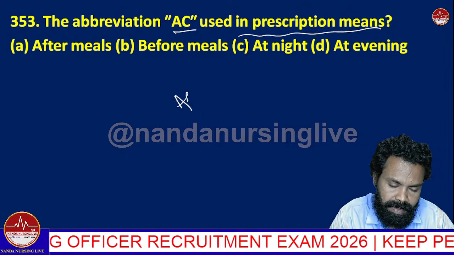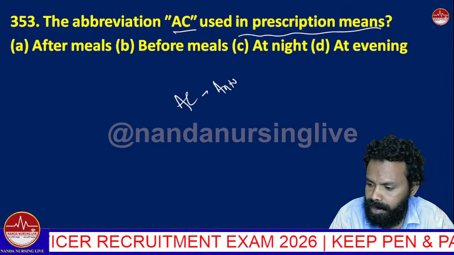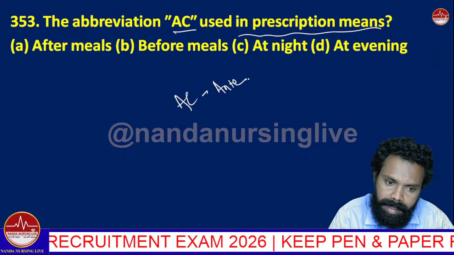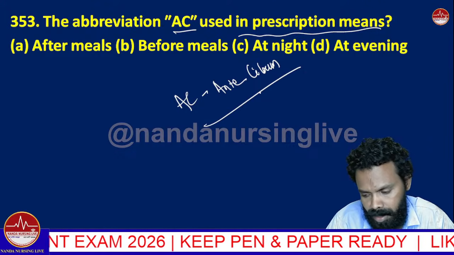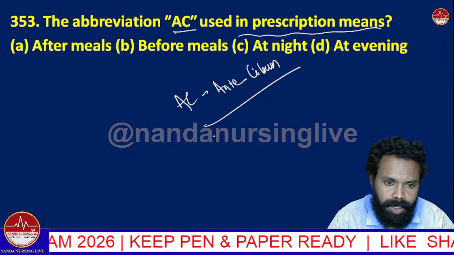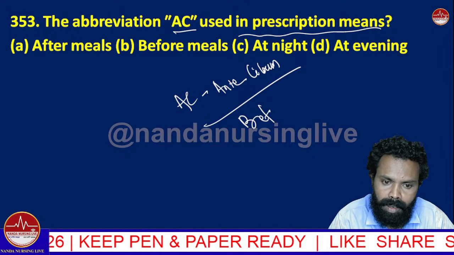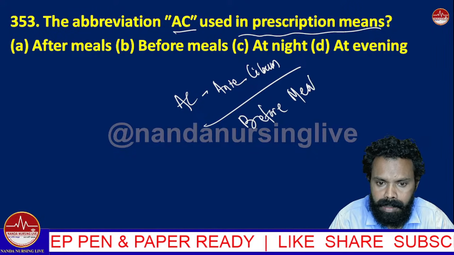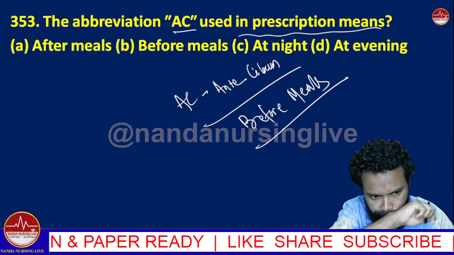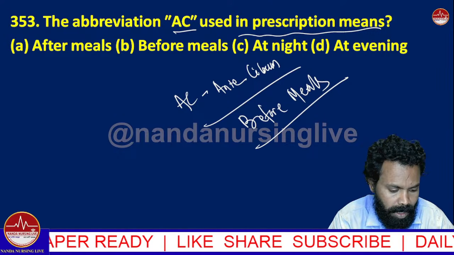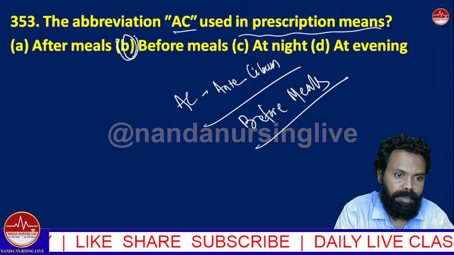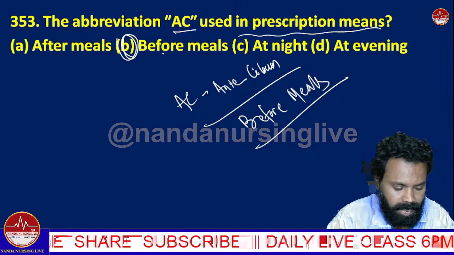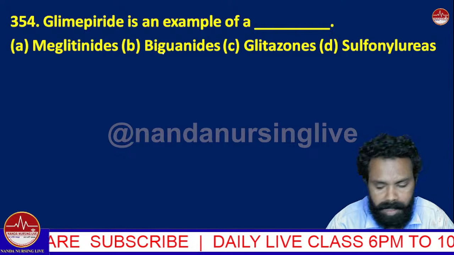AC means antecedent, which is before meals. Option B is the correct answer, before meals.